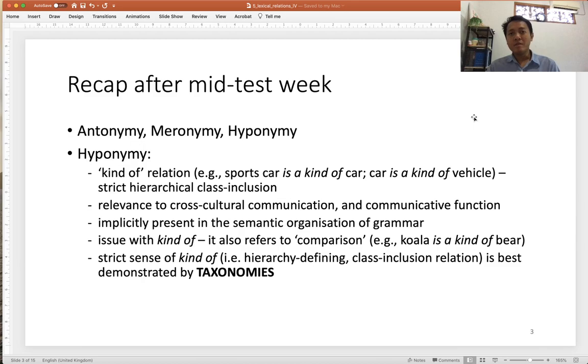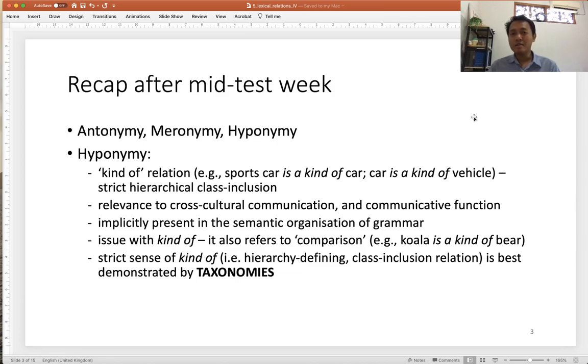As a recap, after we did a mid-test last week, we have looked at antonymy, meronymy, and hyponymy as the other kind of lexical relations. Hyponymy, in particular, has close relation to taxonomy. We have defined hyponymy as a kind of relation that particularly captures hierarchical class inclusion relations.